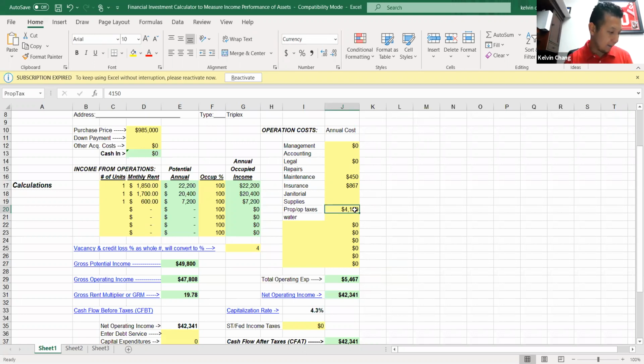A buyer is going to have roughly a $12,000 property tax.